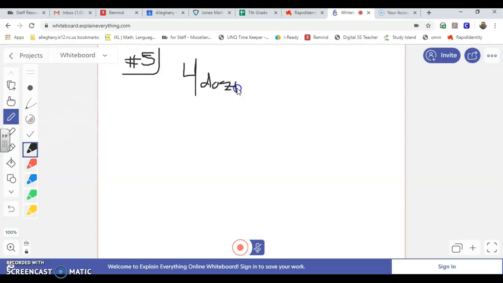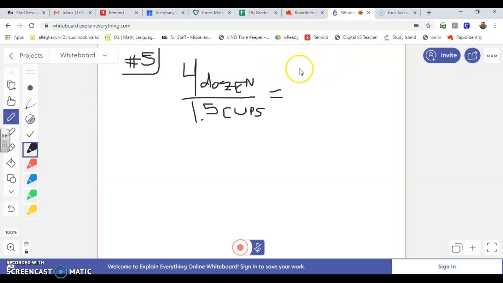It takes 1.5 cups of butter. So first off, we got to get this cleaned up a little bit.